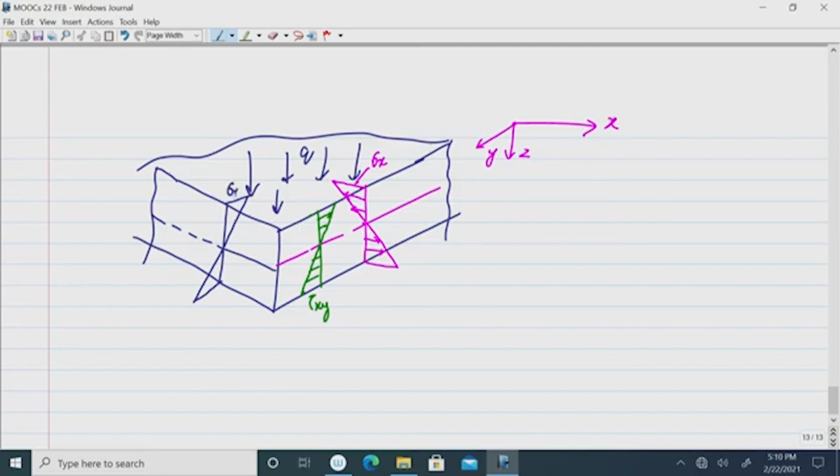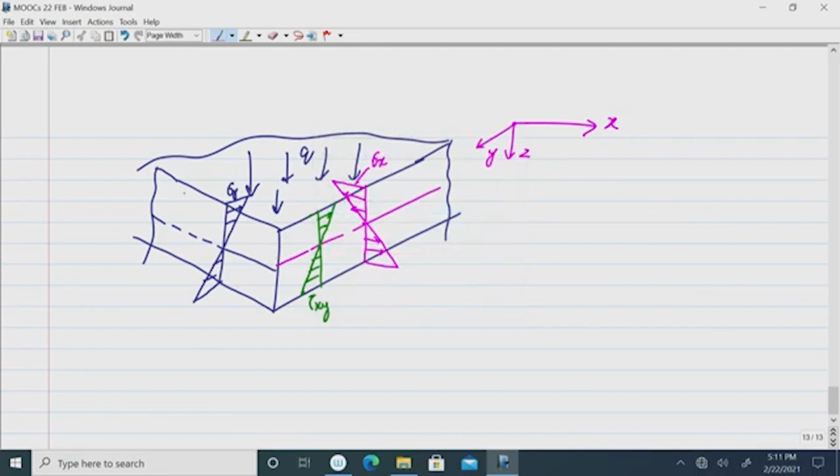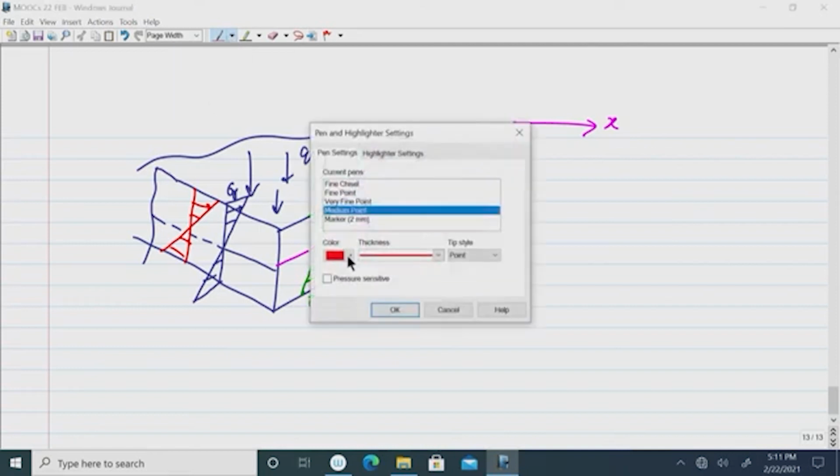This is sigma y, compressive, and if you want to see the variation of tau xy, it will be similar, but let me again show it, there is no harm in showing it 2 times. You will get this variation like that. But interestingly, the variation of the other 2 stresses is similar to the beam shear stress that we get.